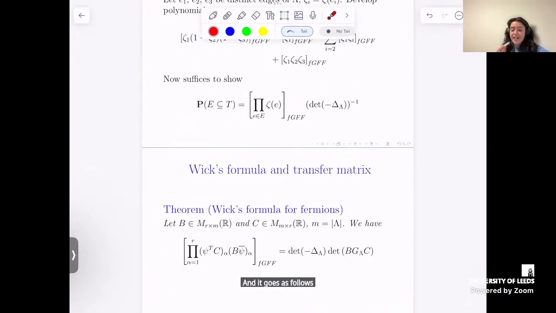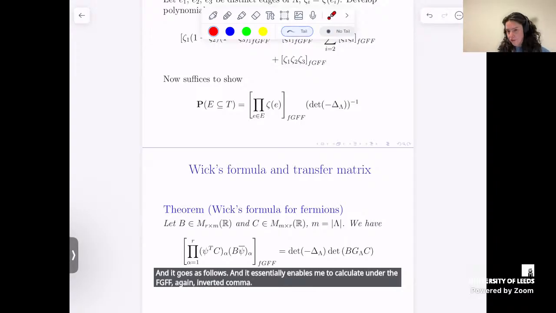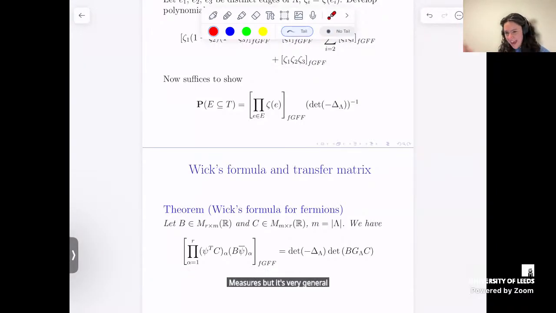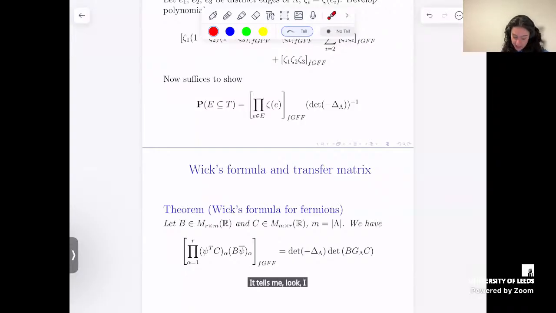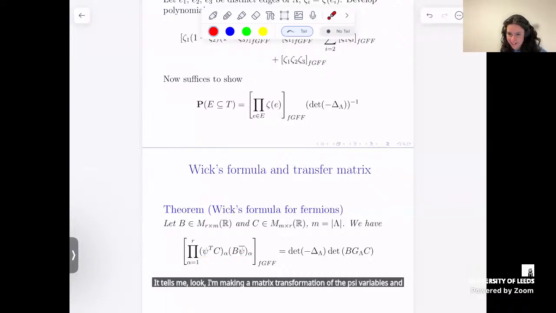There is a version of Wick's formula also in the Grassmannian case, and it goes as follows. It essentially enables me to calculate under the FGFF, again, inverted commas, measure. But it's very general. In fact, it works for any Gaussian measure that I define in this fermionic setup. It tells me, look, I'm making a matrix transformation of the psi variables and the psi bar variables.